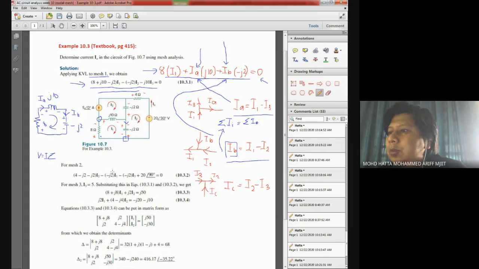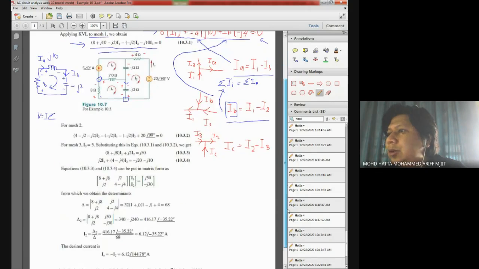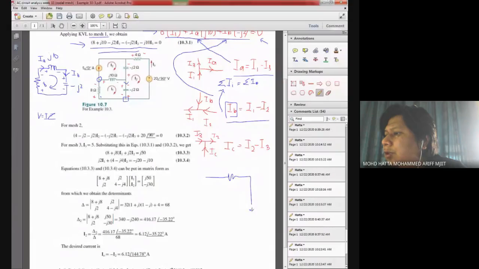And equation number 2 is coming from mesh number 2. Before that, I'll try to draw back mesh number 2. Mesh number 2 consists of a resistor, voltage source, capacitor over here, and capacitor up here.